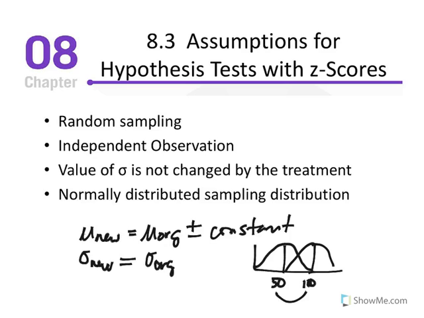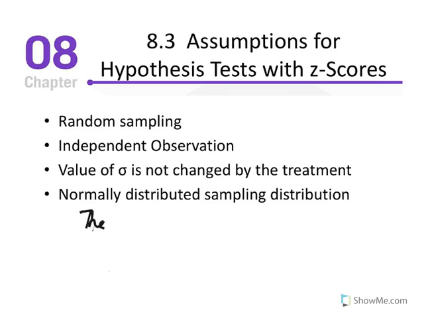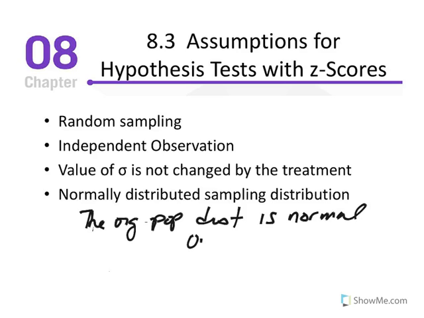And we'll recall that in order to obtain a normal distribution of sampling means, we had to meet one of two criteria. The first was that the original, and I should say population, distribution is normal, or n is greater than 30.